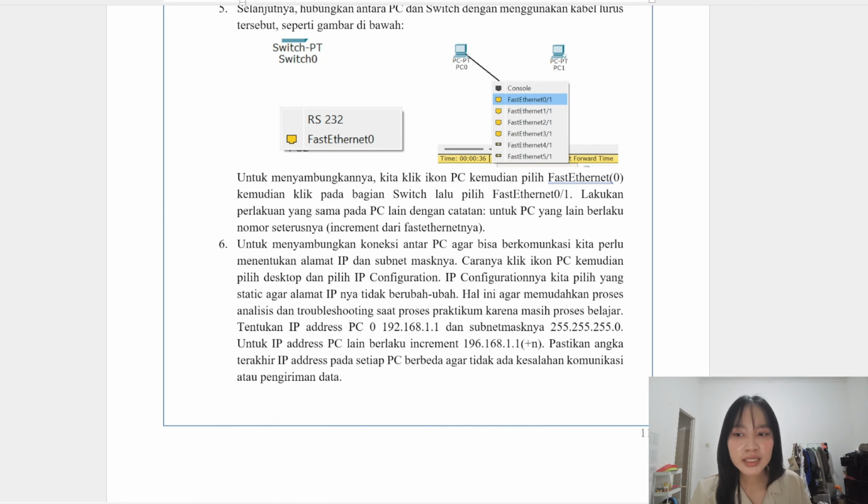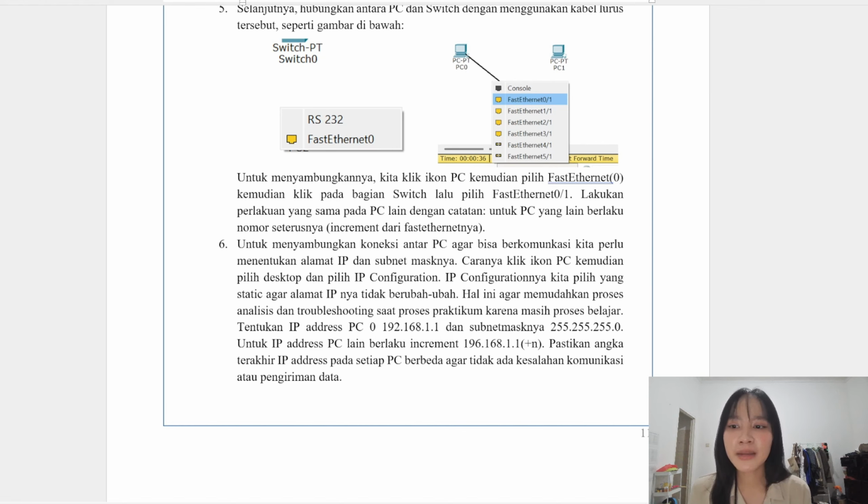And the most important thing to connect the PCs so they can communicate is that we need to determine the IP address and subnet mask. To do this, click the PC icon, then select desktop and choose IP configuration. We choose static IP configuration so that the IP address does not change. This is to facilitate analysis and troubleshooting.